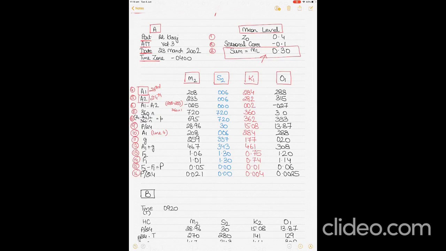So therefore 360 by 2, I'm sorry, not 1, 360 by 2 for M2 and S2 and 360 by 1 for K1 and O1, so that once we add the two values, line 6 plus line 7, you will get values greater than 600 for M2 and S2 and greater than 300 for K1 and O1. So line 8 is basically line 6 plus line 7.